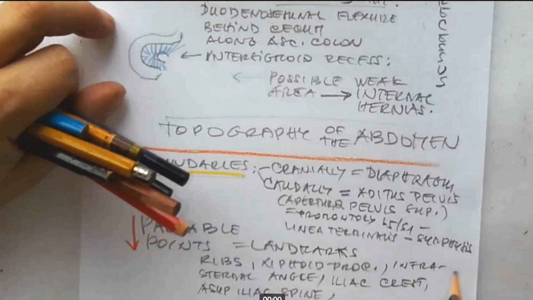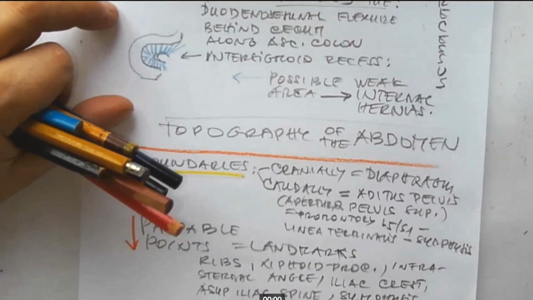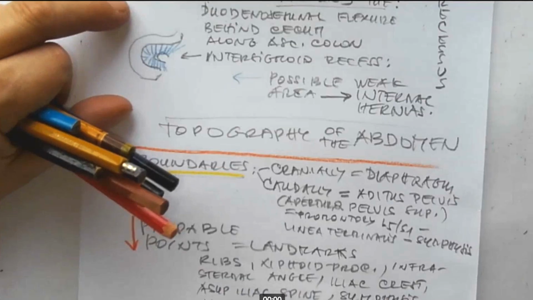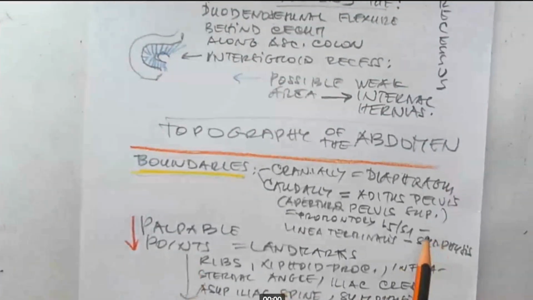The symphysis, definitely. What else? The inguinal sulcus, groove. Pubic symphysis, we said. So there are the points.